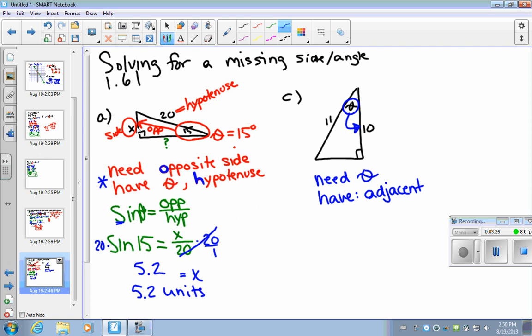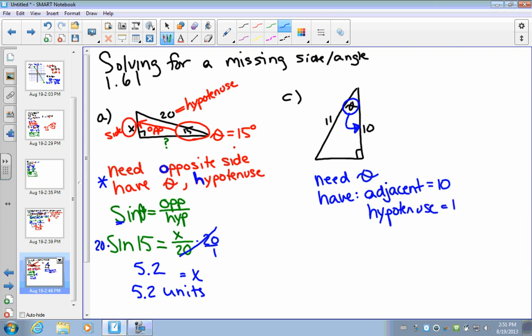And I also have the hypotenuse. So the adjacent is 10, the hypotenuse is 11. And so now I'm looking for which trig function has adjacent and hypotenuse in it, and that was the cosine of theta equals adjacent over hypotenuse.